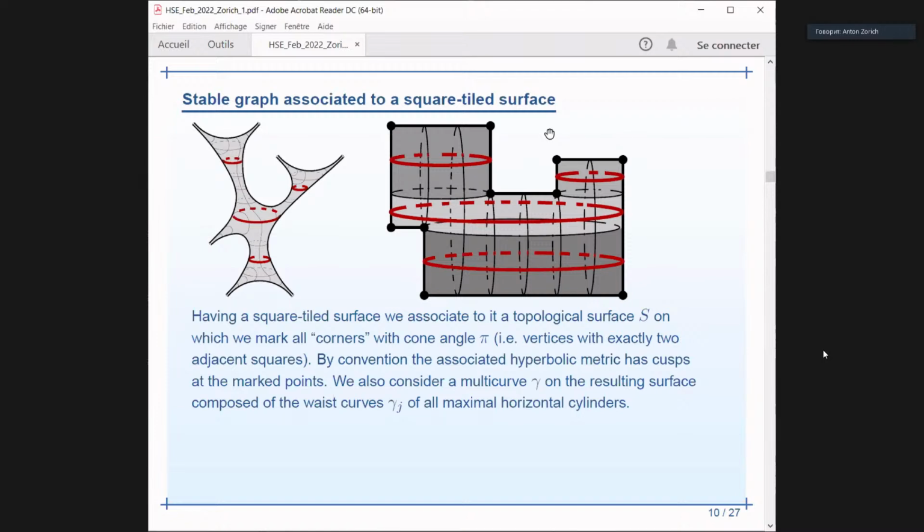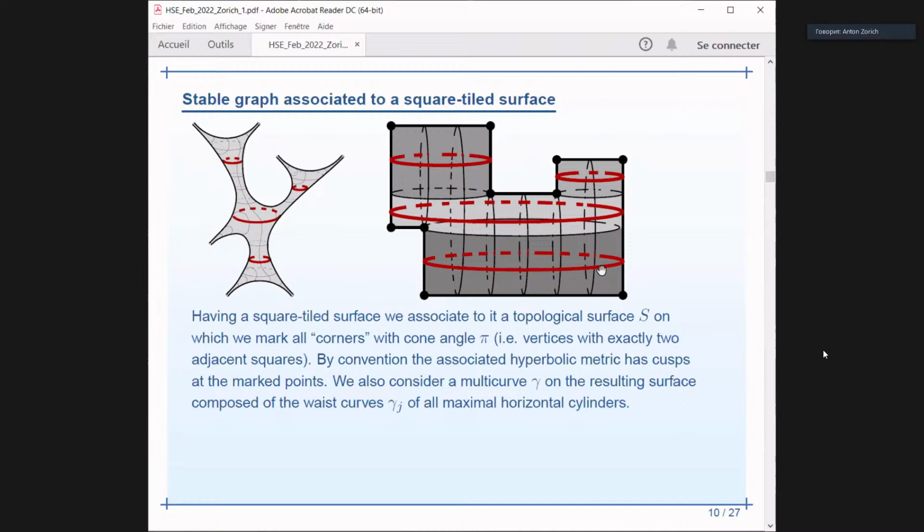For example, here I have to remove this bottom line. It will open up, and the boundary would become just a circle which would be parallel to this red circle and which would have the very same length.